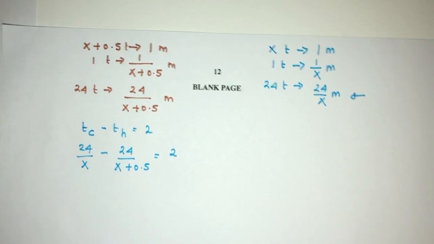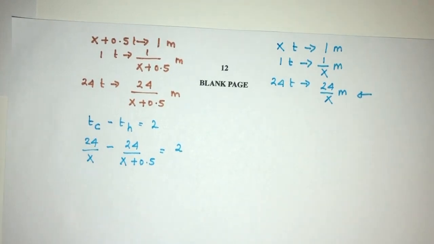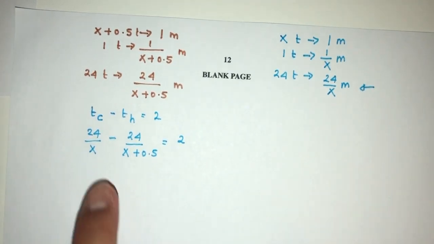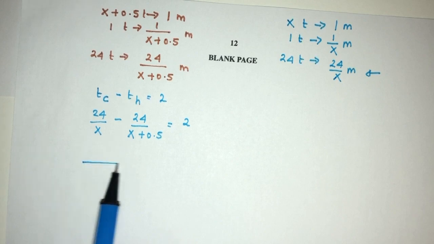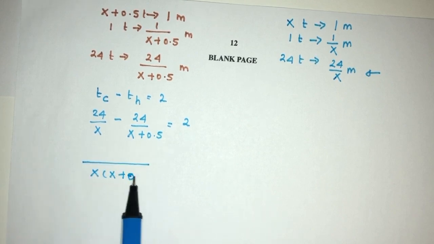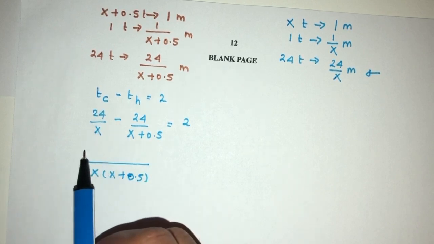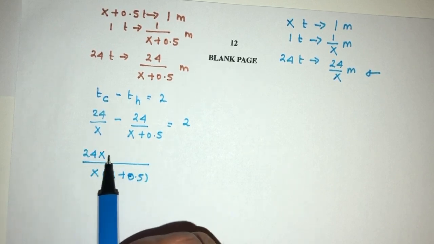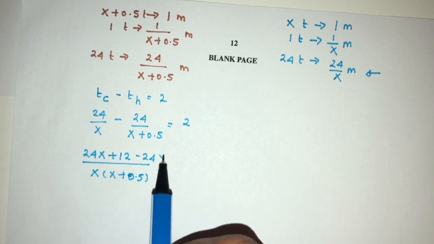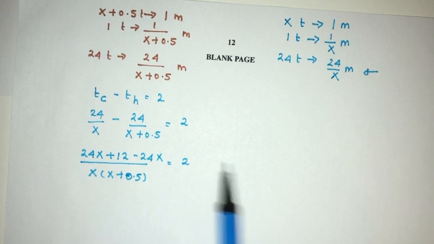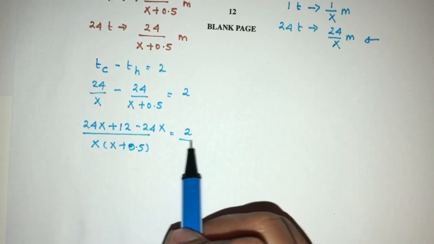Equals 2. Okay, so now how can you simplify this one by one? Let's first simplify this side. We first have to make this the same base, so multiply them by each other. That will be x multiplied by x plus 0.5. Then cross multiply, you will have 24x plus 12 minus 24x has to be 2.